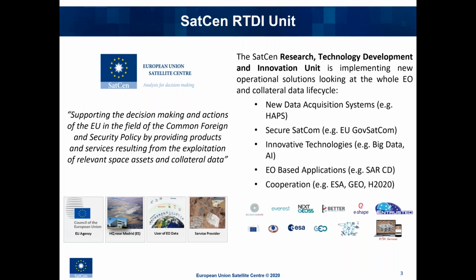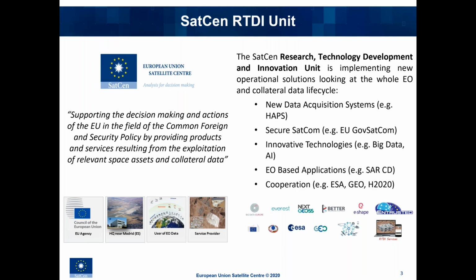In particular, the unit involved in this project is the RTDI unit. RTDI stands for Research, Technology Development, Innovation, and we basically try to improve the capability of the center, tackling the whole Earth observation and collateral data life cycles. If you are familiar with our unit, you see us working on different projects regarding data acquisition systems, like apps, secure satcom communication.